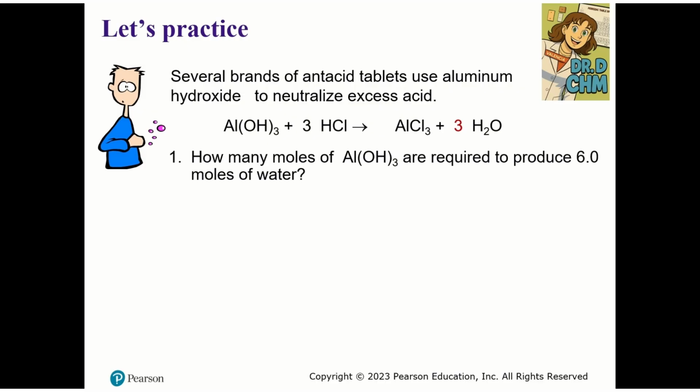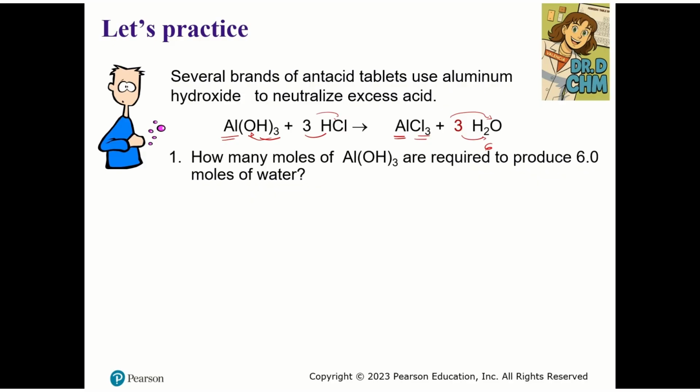So I know that I have a balanced reaction over here, right? So I have 3 hydrogen plus 3, I have 6 hydrogen. 3 times 2 is 6 hydrogen. And I have 1 aluminum, 3 chlorines over here, and 3 oxygens over here, 3 oxygens over here. So it's perfectly balanced.